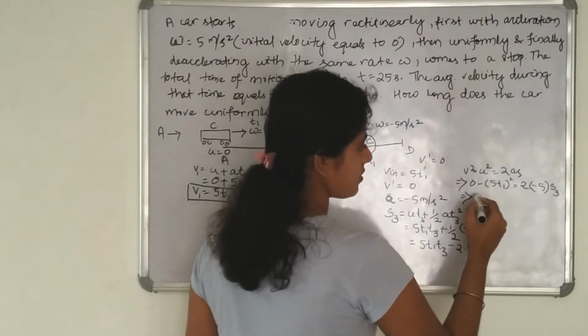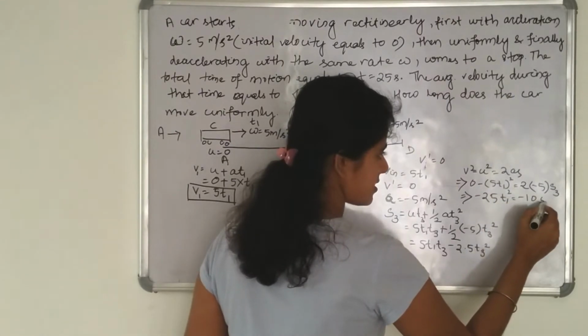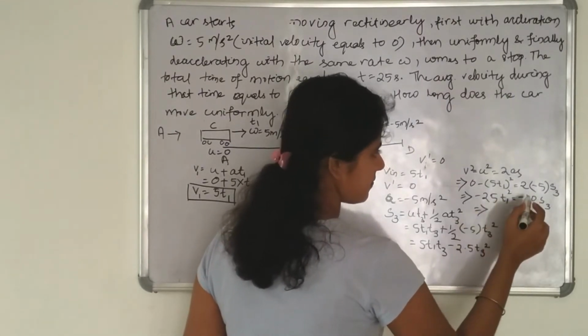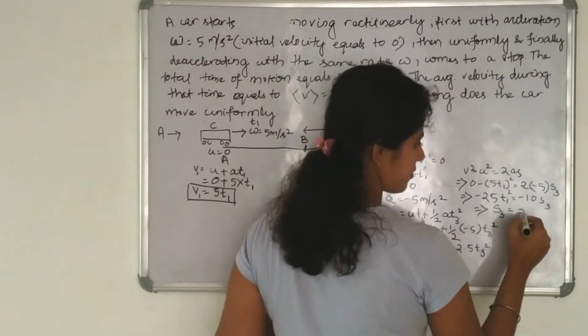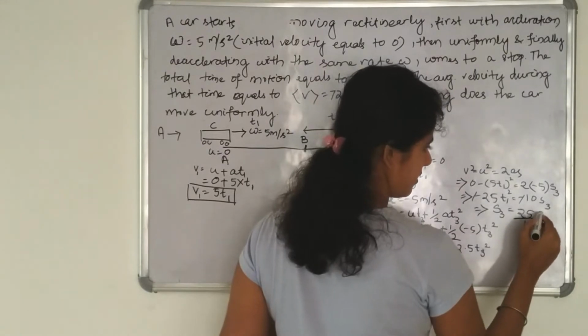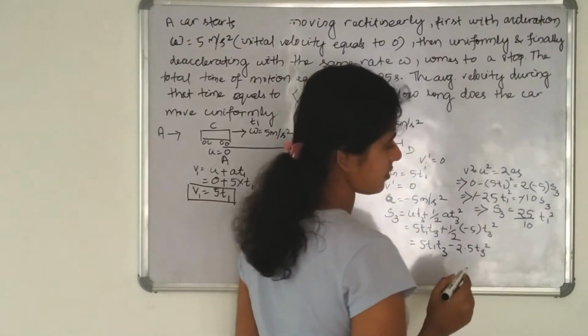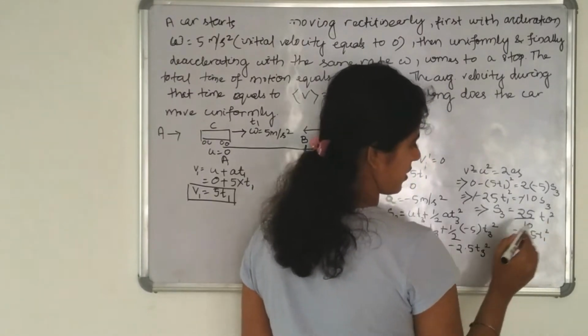So it is minus 25 T1 square is equal to minus 10 S3. So S3 is equal to 25 divided by 10 T1 square, so it is 2.5 T1 square.